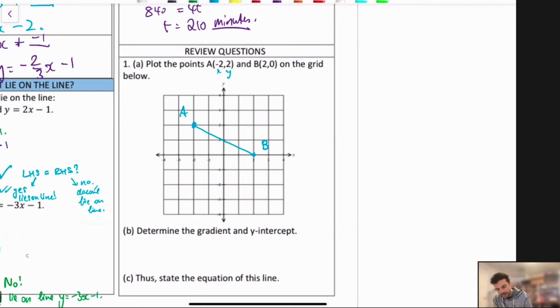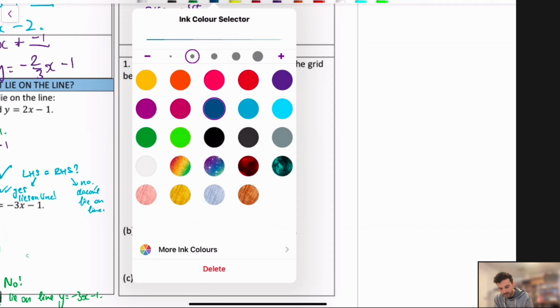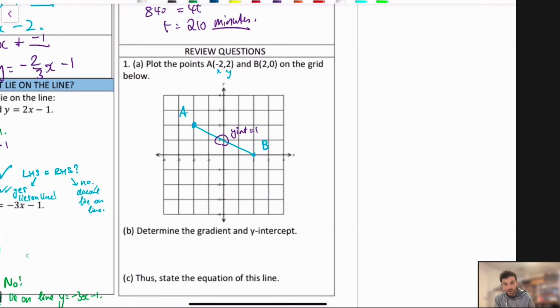We can see that the line passes through the y-intercept of 1. So the y-intercept is equal to 1. The gradient is rise over run. I'm going to use those two line segments here.